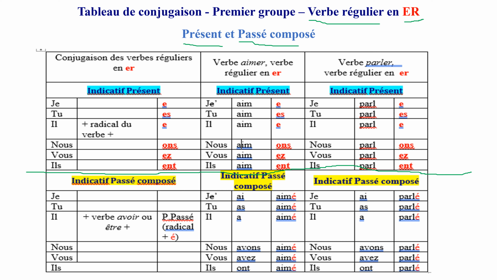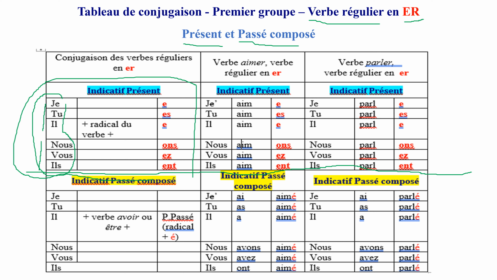So, ça c'est le présent de l'indicatif, and here is the formula. This is the formula that I want to explain to you. These ones here, you remember what they are? They are your person. This is your first person in singular and your first person in plural. Je, tu, il, nous, vous, ils ou elles.